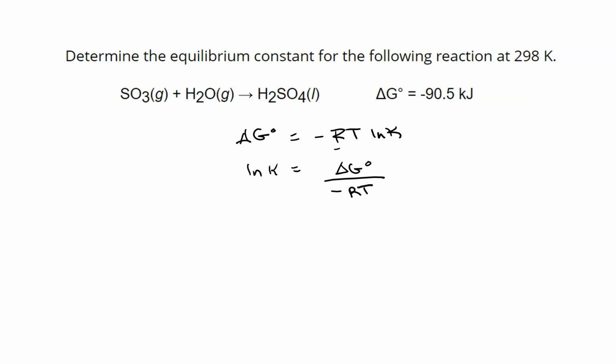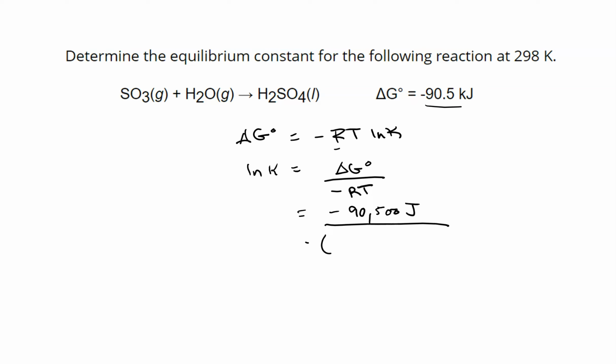So let's just go ahead and plug and chug here. We've got a delta G of negative 90.5, and this is also in kilojoules, so I'm going to move it into joules because R is joules per mole Kelvin, and we want our terms to cancel. So we'll say this is negative 90,500 joules.